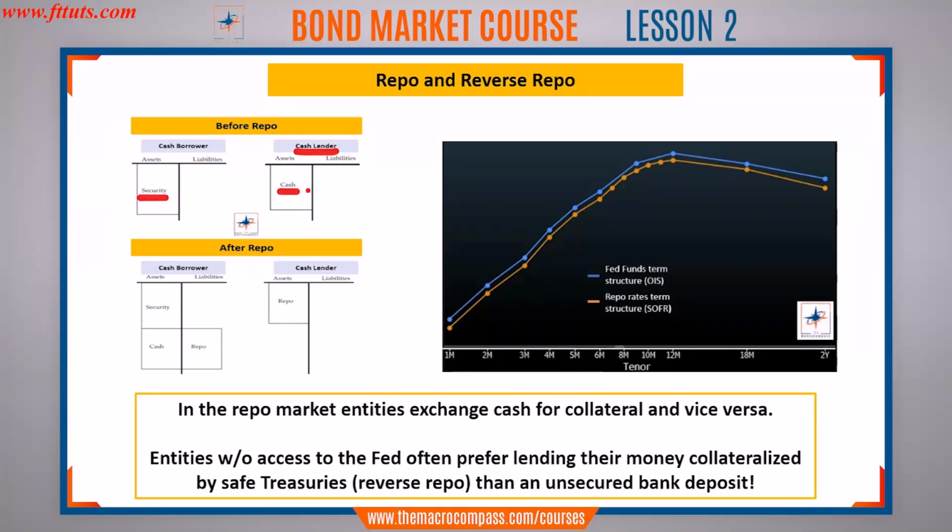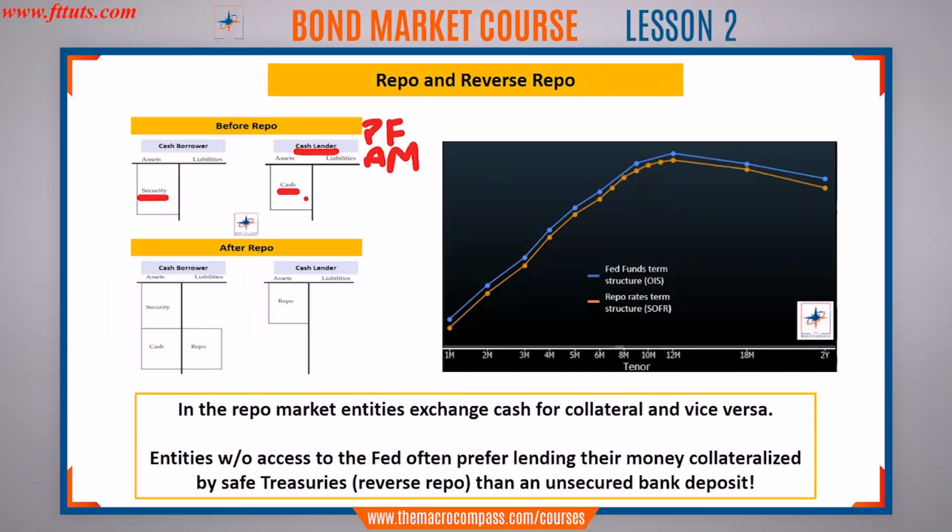Because cash for a pension fund or for an asset manager is an unsecured bank deposit. PIMCO has cash overnight deposited at JP Morgan. This is an unsecured loan to JP Morgan, as we have seen during the March banking crisis. In most cases, if you have banking stress, your unsecured cash is at risk.